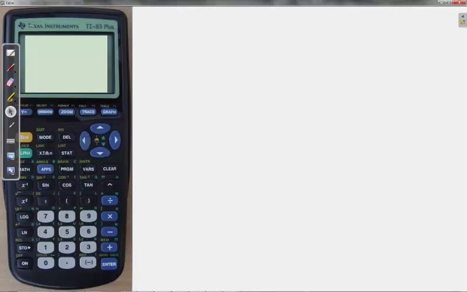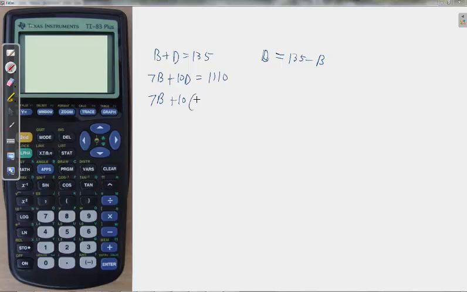If you go back to our previous problem, where I had B plus D was 135, and 7B plus 10D equal 1110. I just solved the top one for one of my variables, so D equals 135 minus B. 7B plus 10 times 135 minus B equals 1110. 7B plus 1350 minus 10B equals 1110.